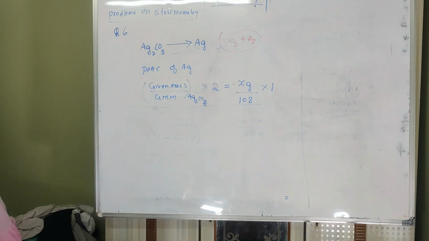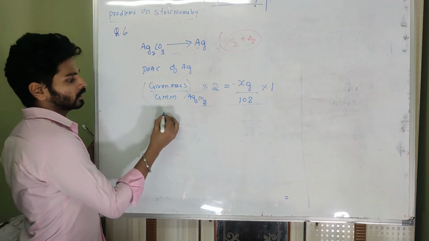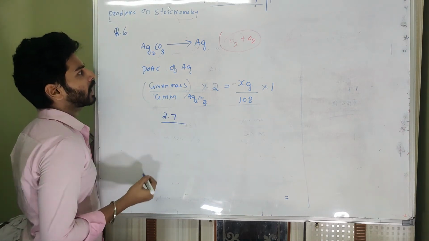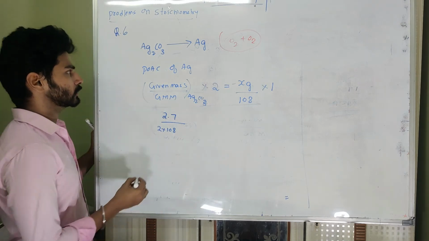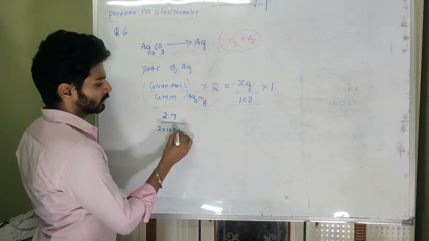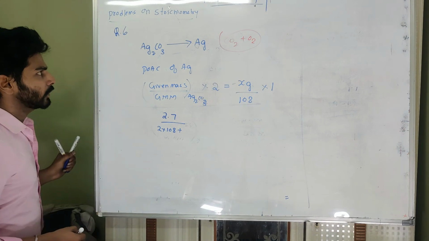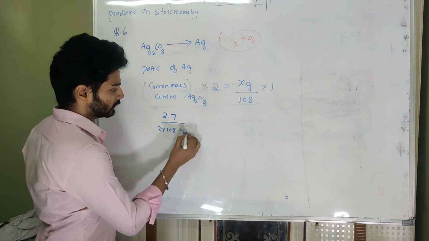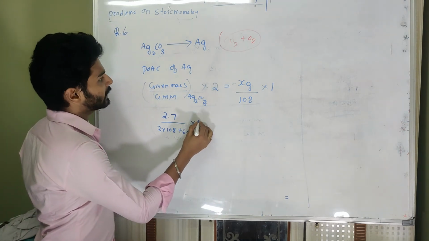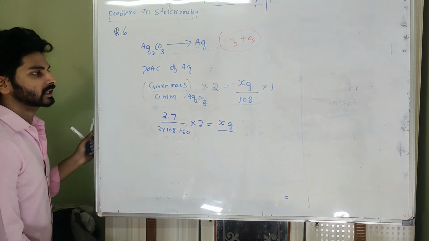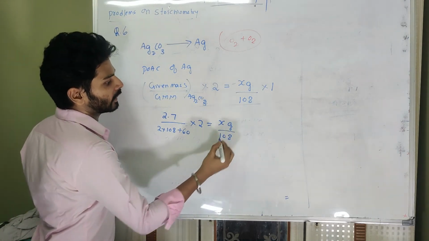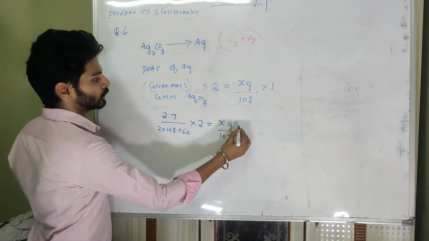So 2.7 gram of silver carbonate is given. So 2.7 upon gram molecular mass: 2 into 108, where 108 is the atomic mass of silver, plus carbon 12, plus oxygen 3 into 16, that is 60, into number of atoms 2, equal to the amount of silver we don't know, that is X, divided by gram atomic mass 108 into 1.